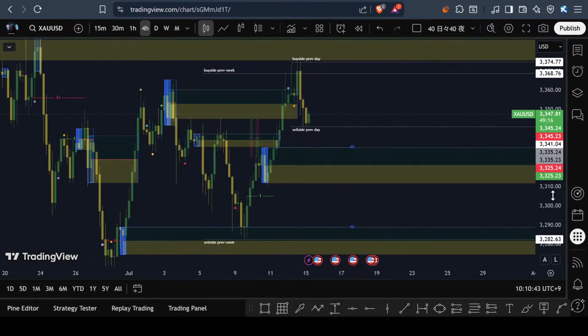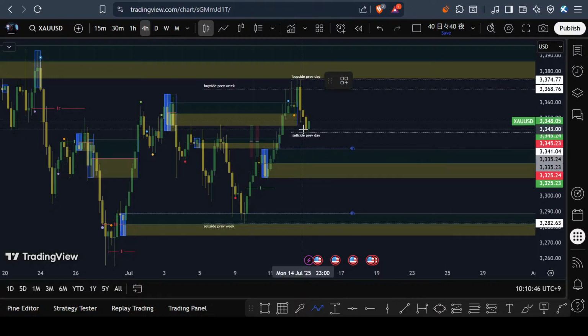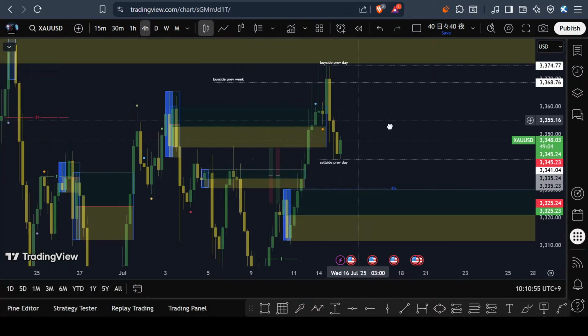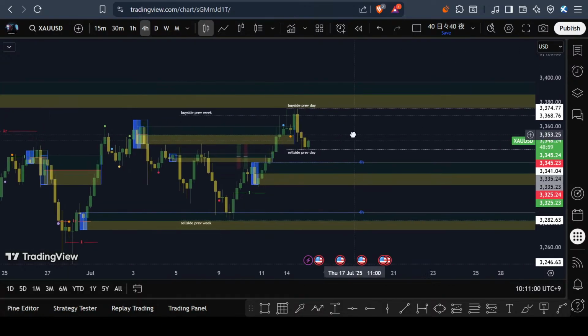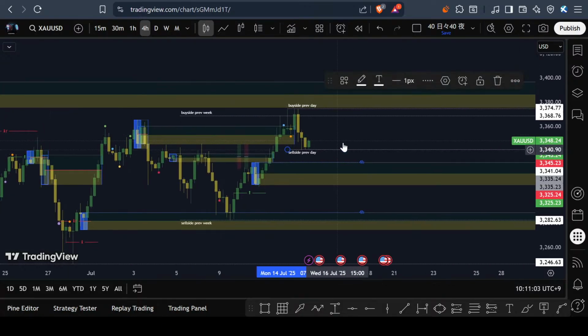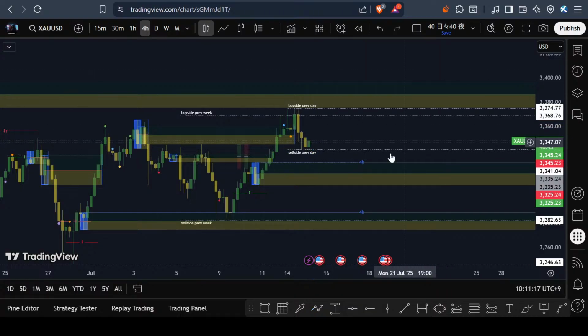I want this price to get here so I can look for buys there, but we are quite far, and we are seeing this liquidity here that is lying on the low of the previous day. That was Monday's low. So price may do something like this, grab that liquidity, push to the upside. That is a possibility there.